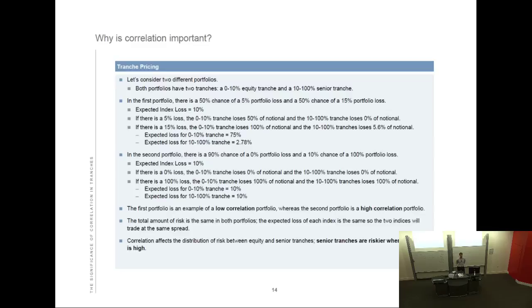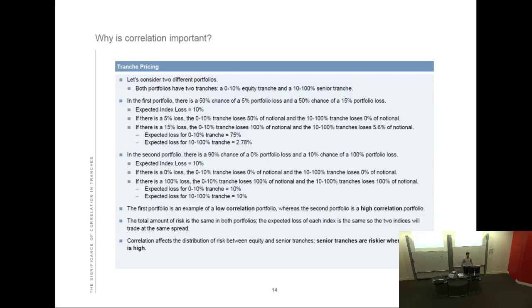In the case where 5% of the portfolio defaults, the senior tranche doesn't take any losses. Right? And in the case where 15% default, the senior tranche takes a few losses. Because 15% is 5% above the attachment of the 10 to 100, and 5% over the tranche width of 90 is 5.6% of notional that therefore gets lost.